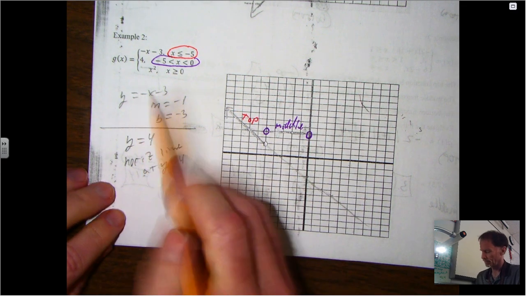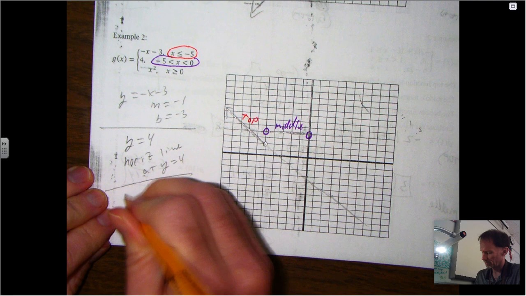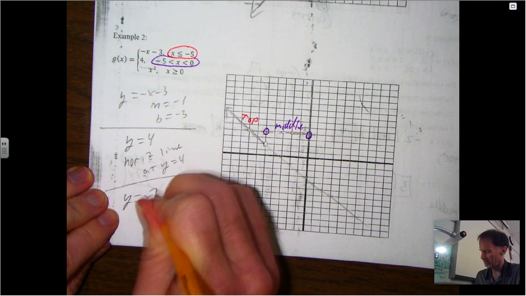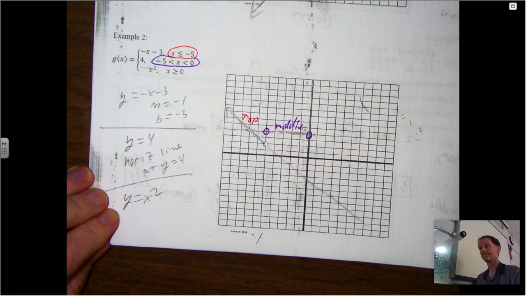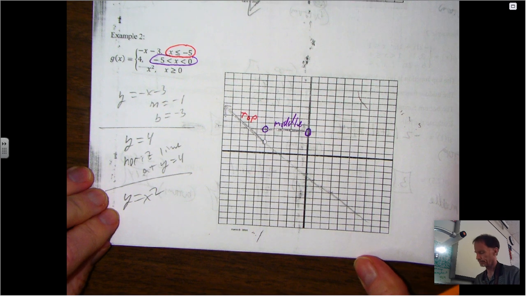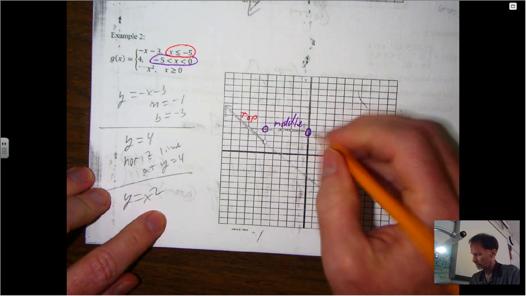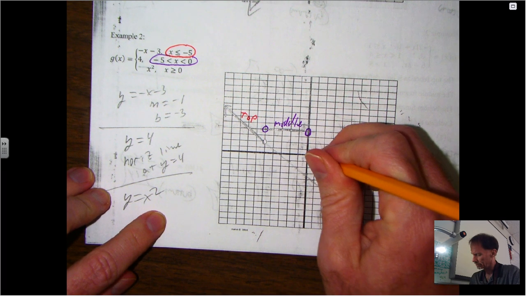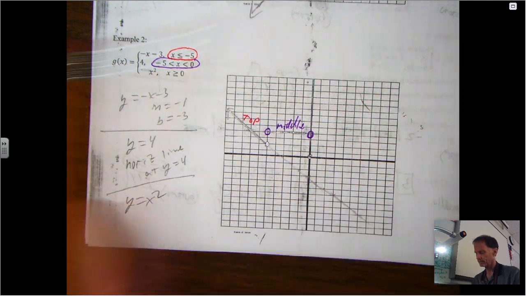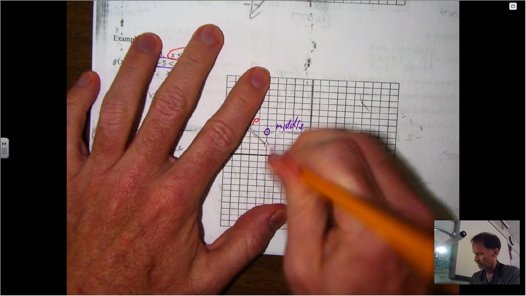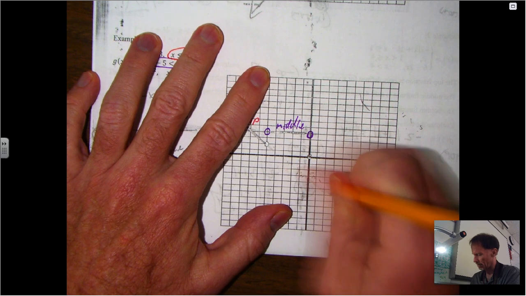And then for the bottom, do the exact same thing. So y equals x squared. Remember, that's our old friend, the parabola from your algebra days. So we know the parabola starts at 0. And I forgot to erase the rest of my line back here. Sorry about that.